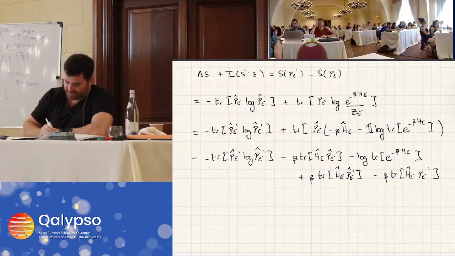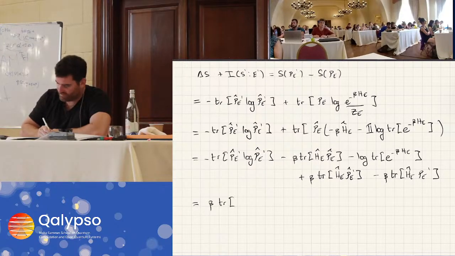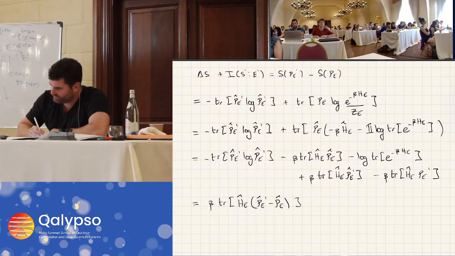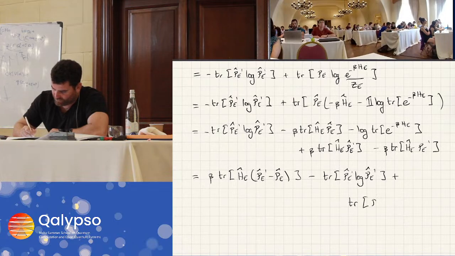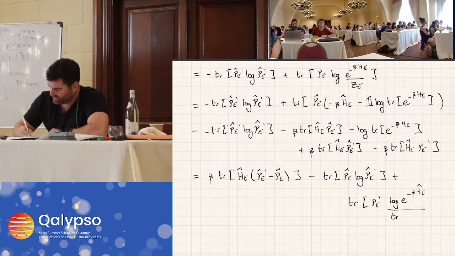Okay, and now you see that this thing is trace of H_E, rho_E prime minus rho_E, plus, I'm going to write this thing out, trace of rho_E prime log e to the minus beta H_E all over the trace of e to the minus beta H_E.